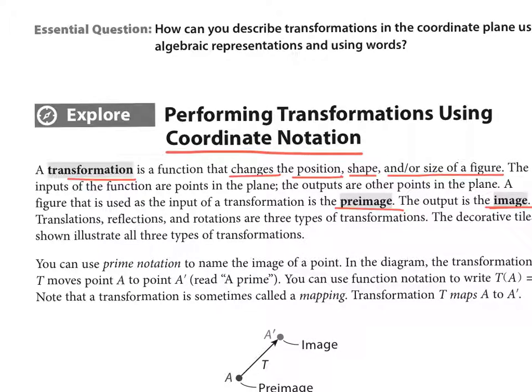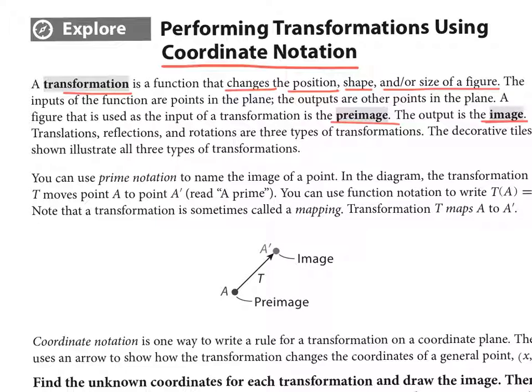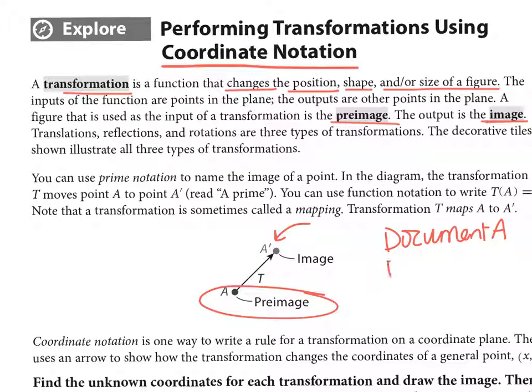When we notate that, notice that the pre-image is just written using a regular letter. But when we write the image, its new location is written as A prime. You can think about how when you save a document for the first time, you might call it document A, but if you download it again, it makes a copy and puts a little 1 next to it.